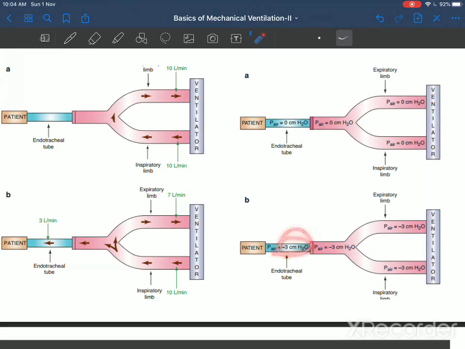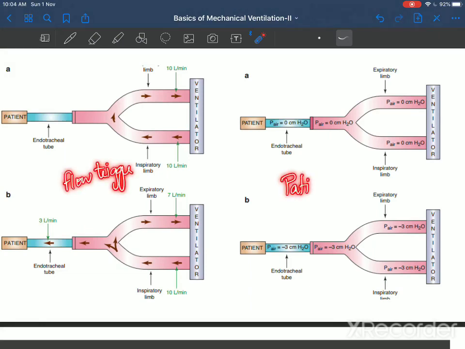This drop in pressure is sensed by the ventilator, saying okay, there is a drop in pressure, so that means the patient is trying to take a breath in, so I need to provide a breath to the patient. So this is what happens during a pressure trigger. This is how the ventilator initiates a breath.